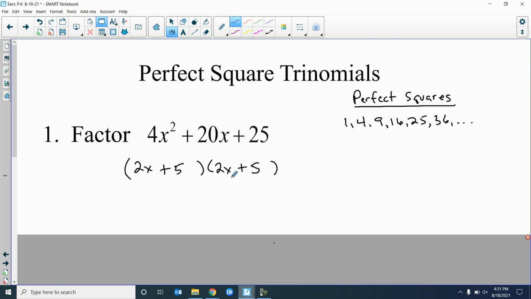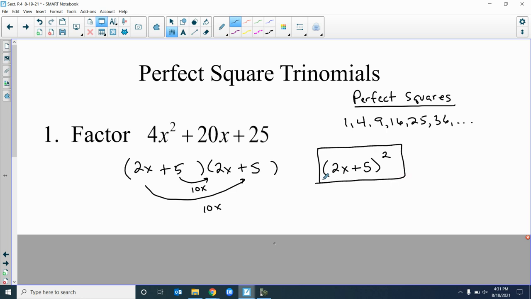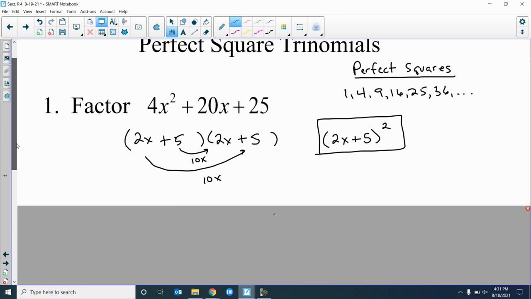And then just test it either mentally or multiplying it out. These two numbers here got to multiply and add to get the 20x, and they do. So this one is 2x plus 5 quantity squared. Okay, I usually don't mind if you keep it as 2x plus 5 times 2x plus 5, but a lot of times in the book or in standardized tests, they'll write it as 2x plus 5 squared.